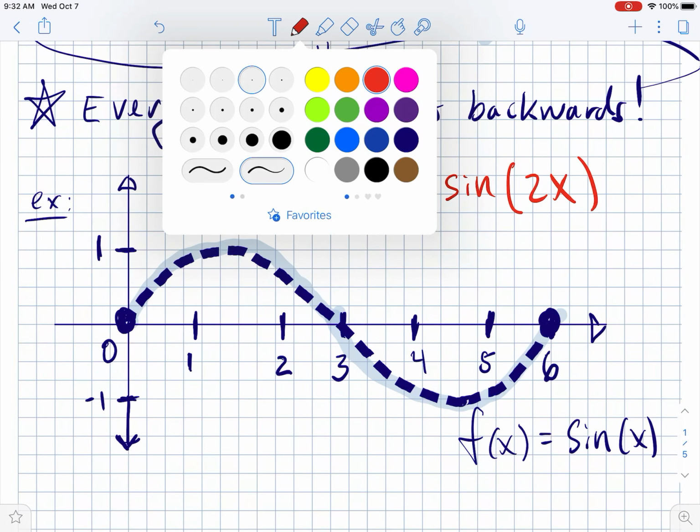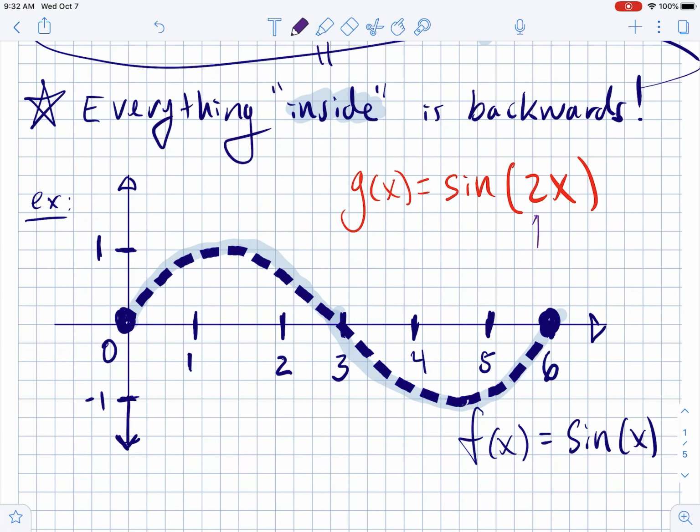A lot of students, when they look at this, go, oh, this 2 right here is going to affect something, some kind of stretch. If that 2 were outside the function, it would be a vertical stretch of the function, and that's true.